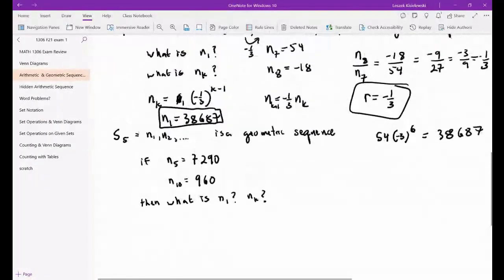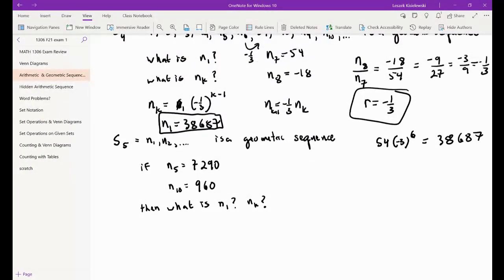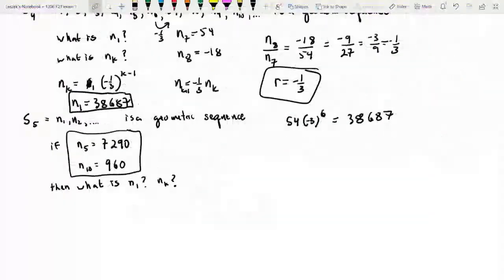and finally, for a geometric sequence, here you're given two terms in a sequence, but they're not consecutive, right? So you're given n5 and you're given n10. So we would say, well, n10 must be whatever the common ratio is times n9.